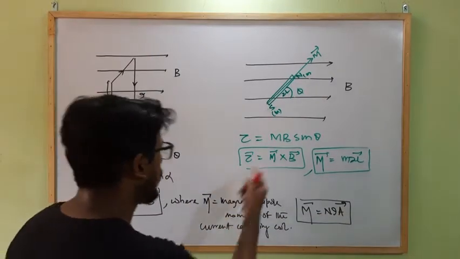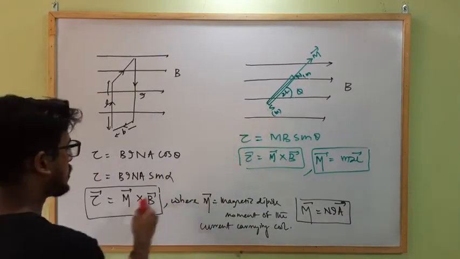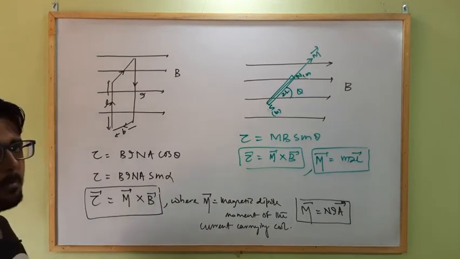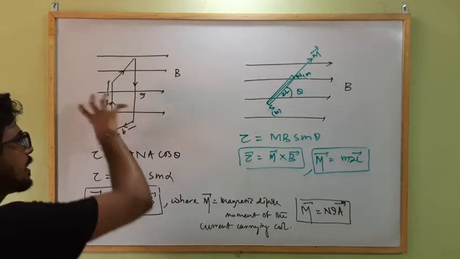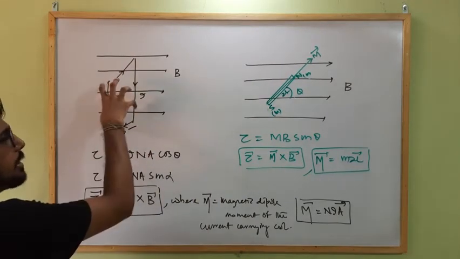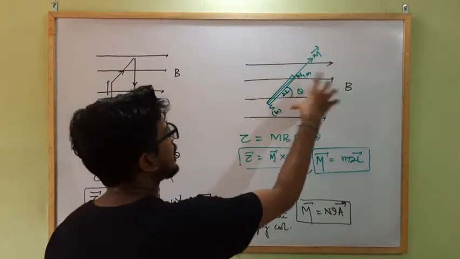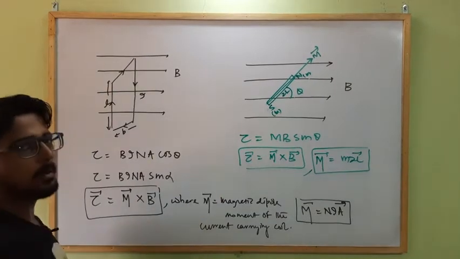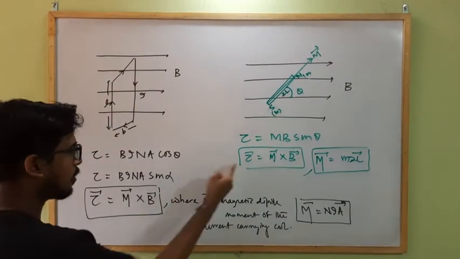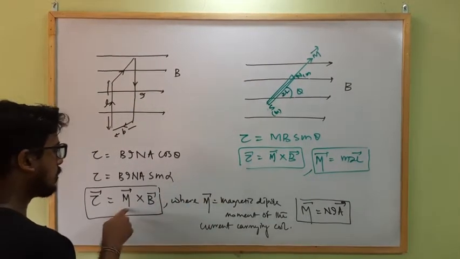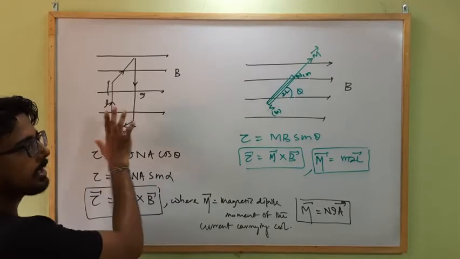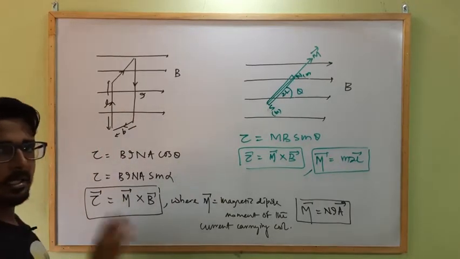But the torque acting in both the cases is the same. So now we can relate this current carrying loop present in an external magnetic field with a bar magnet present in an external magnetic field, because these are the relations for the torque acting on the current carrying loop and on a bar magnet. Clear?